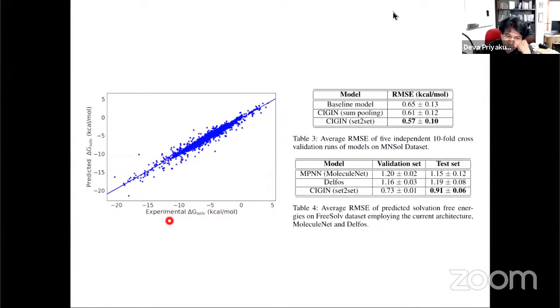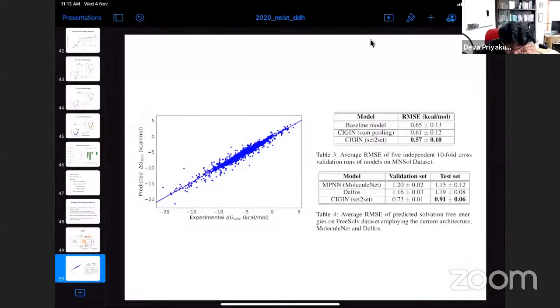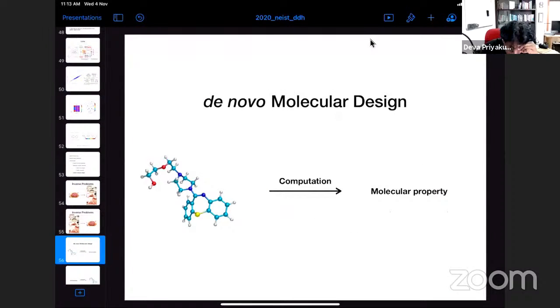That's the experimental free energies of solvation, that's the predicted free energies of solvation based on a machine learning method, and we do very, very well in terms of the agreement between the two. So we'll skip that topic and go to this.